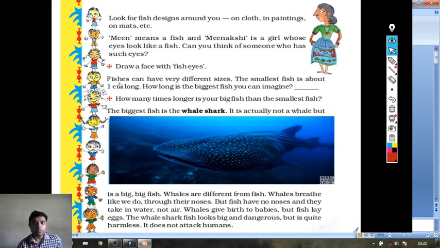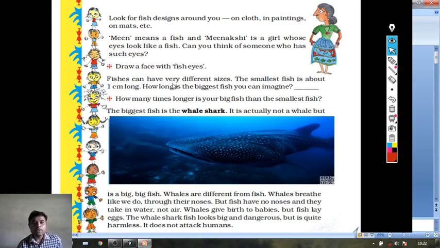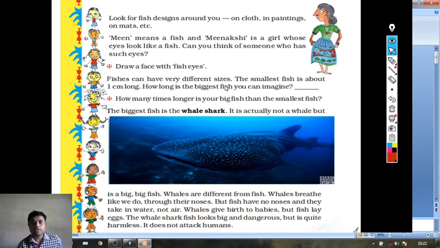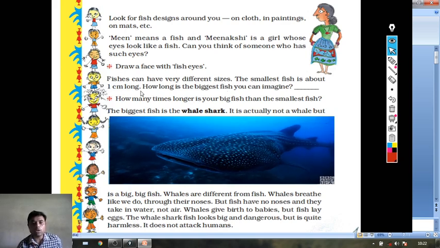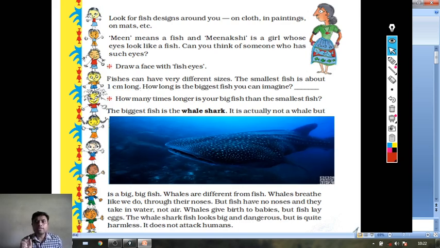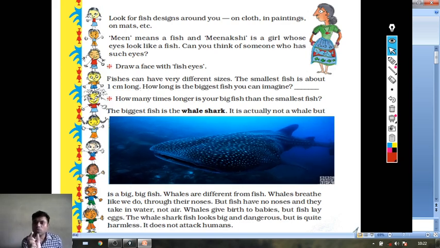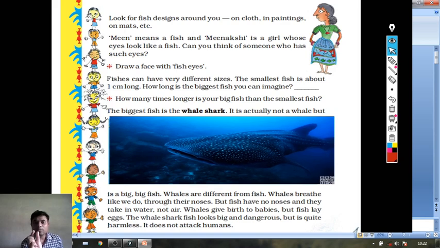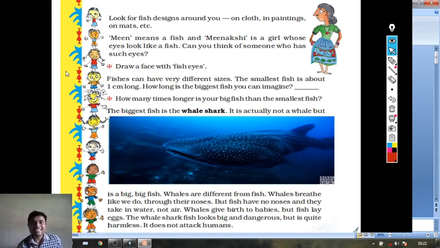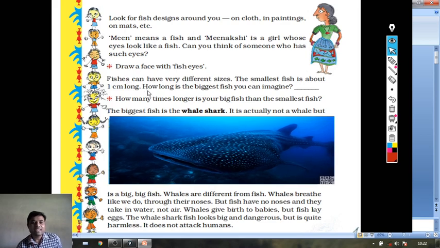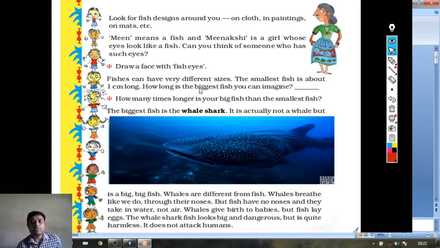Now, fishes can have very different sizes. The smallest fish is about 1 centimeter long. You know, 1 centimeter is very small. Have you seen these types of fish? How long is the biggest fish?